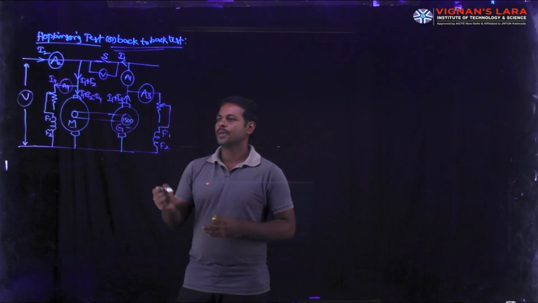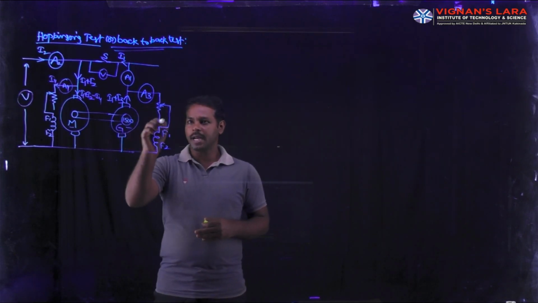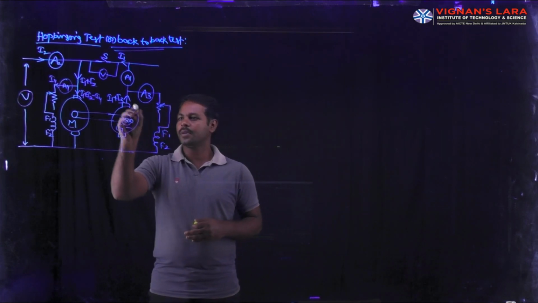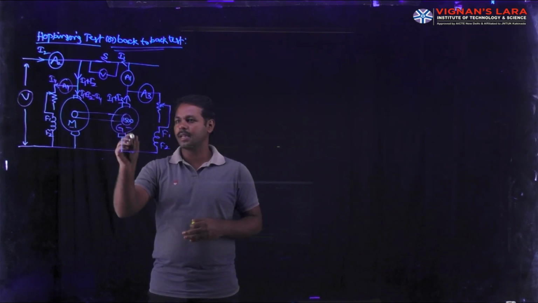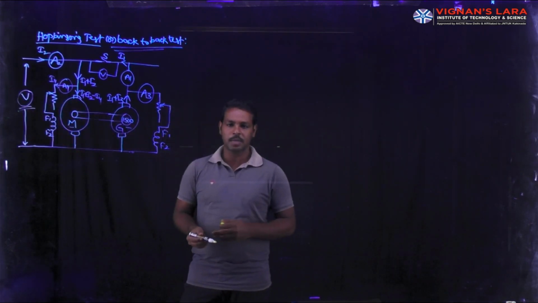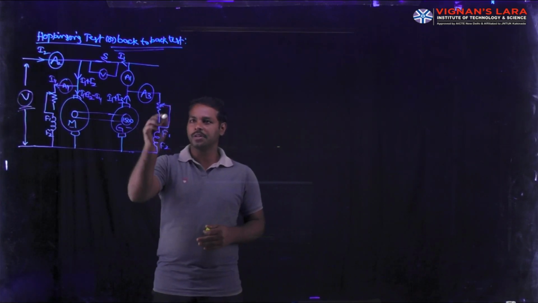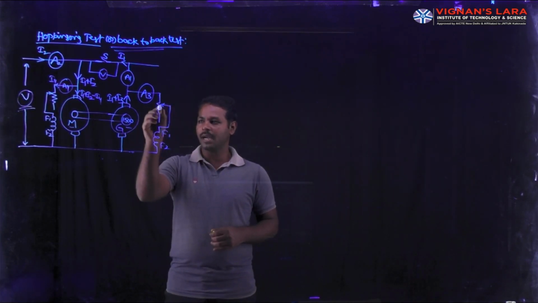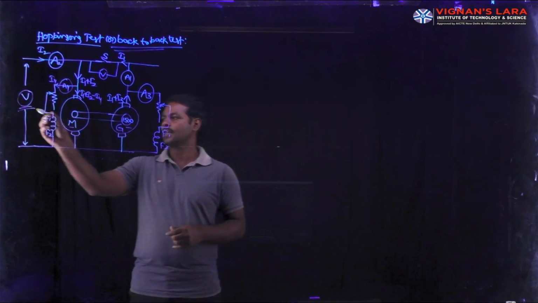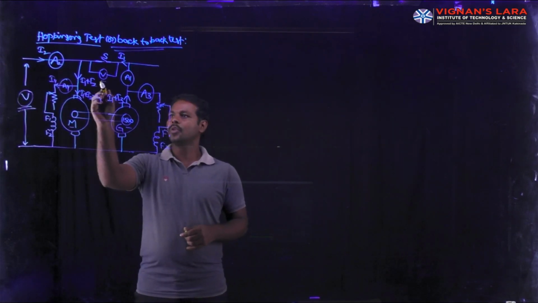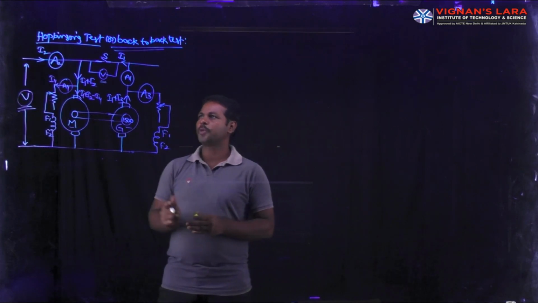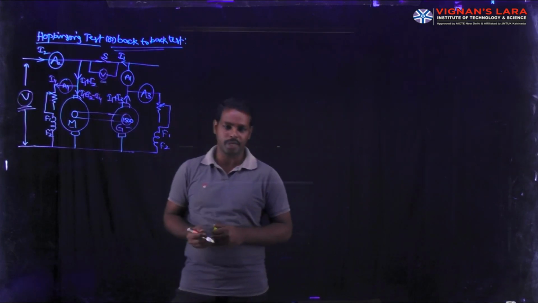Listen carefully: by varying the field rheostat, the voltage developed by the generator is always matched with the supply voltage. Then only the voltmeter reads 0. In that position, the switch is open circuited.